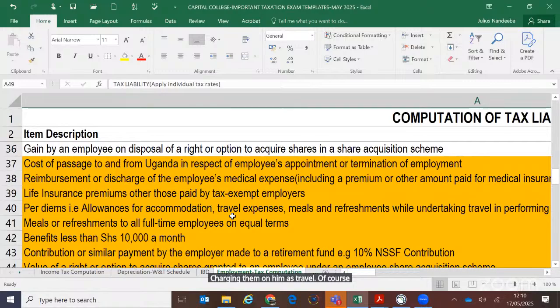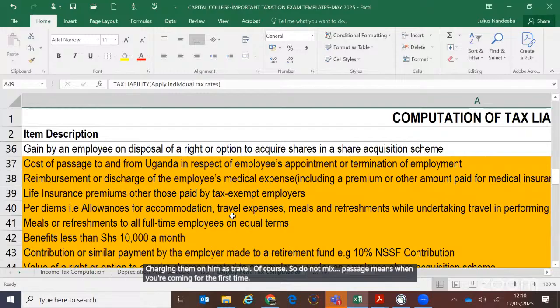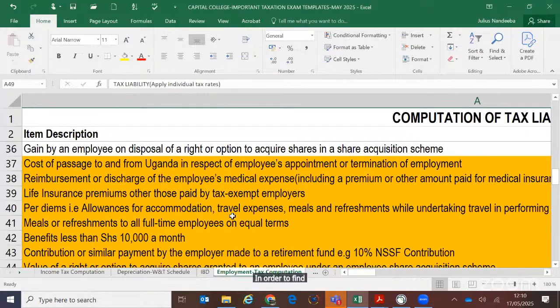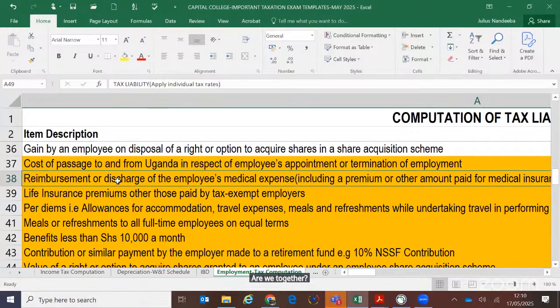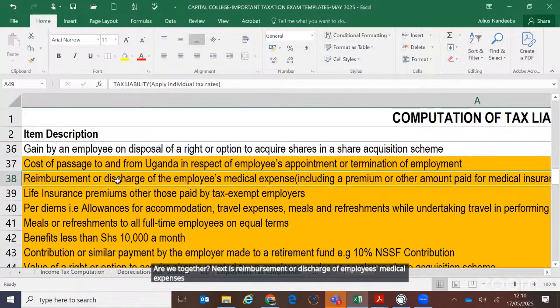So do not mix. Passage costs means when you're coming for the first time and when you finally go for the last time. These other middle travels, if they pay for your tickets, it is taxed on you. Are we together?